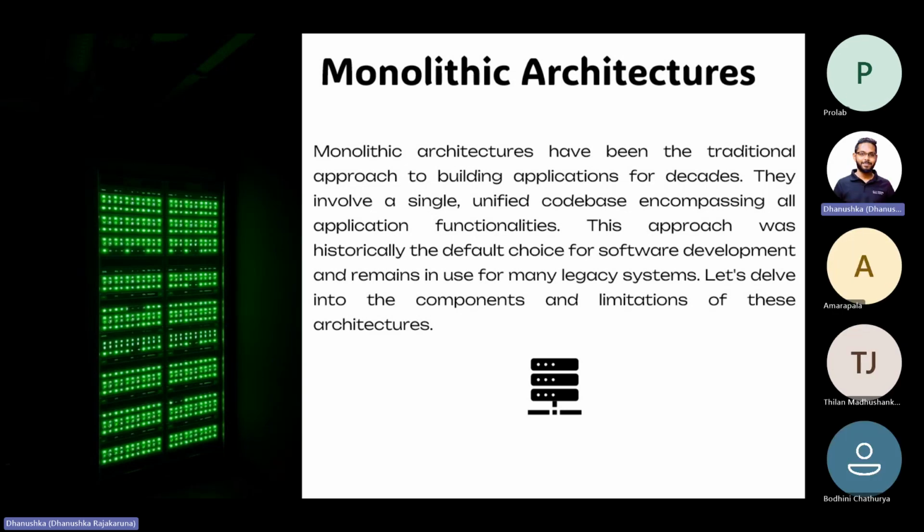Changes to one part of the application often require modifying and redeveloping the entire system. It means when we develop an application, there will mostly be updates and upgrades, so the changes need to be made in this single code base.